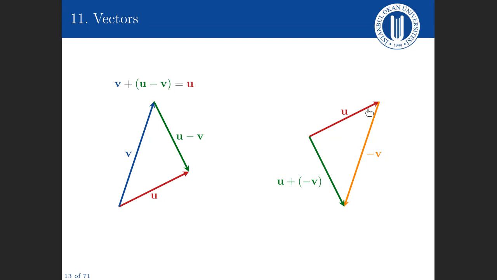We can draw u, and then at the terminal point of u, we can take the initial point of minus v. Remember, minus v has the same length as v, but points in the opposite direction. Then the green arrow is the vector u plus minus v. And of course, u plus minus v is exactly the same as u minus v.